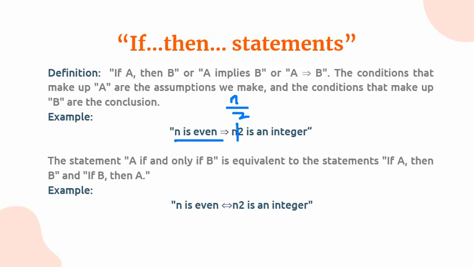So considering this example, we can say here that A is the statement N is even, and this is the statement B. If we think about what it means to be even, namely that N is a multiple of 2, we see quite easily that these two statements are equivalent.